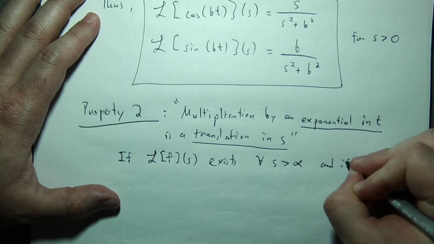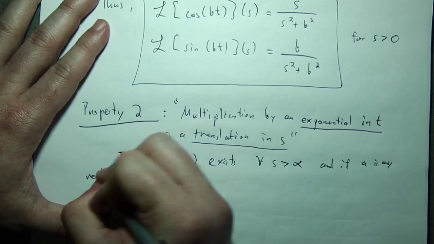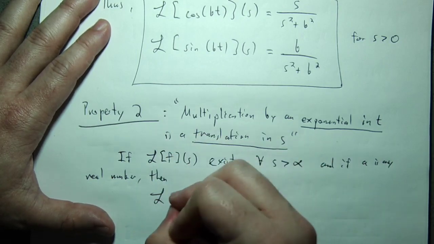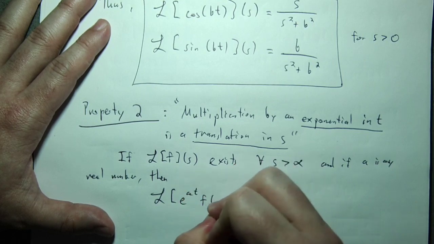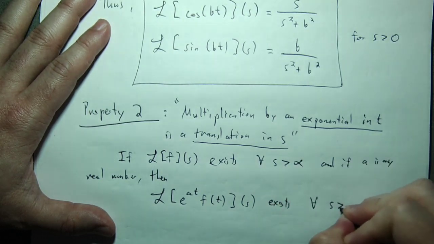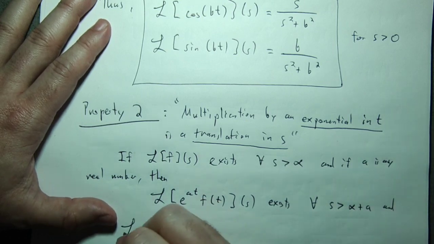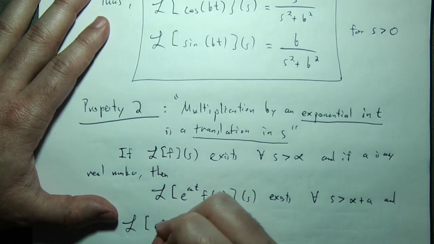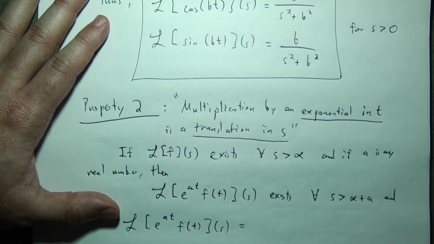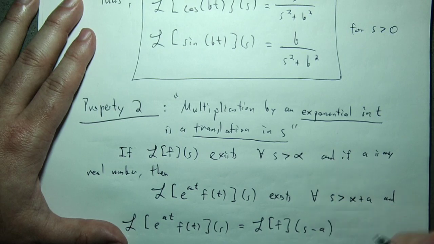And if a is any real number, then the Laplace transform of e to the at f of t, of s, exists for every s greater than alpha plus a, and it is equal to the Laplace transform of f translated by a.